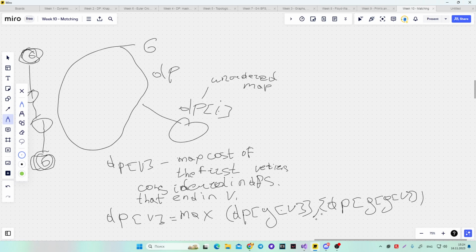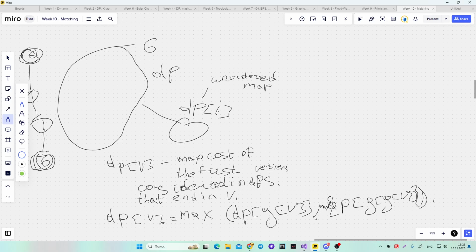Not sum. Maximum of the set. I think that's true, but this is too hard to implement.